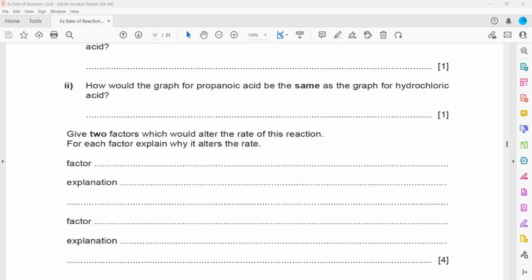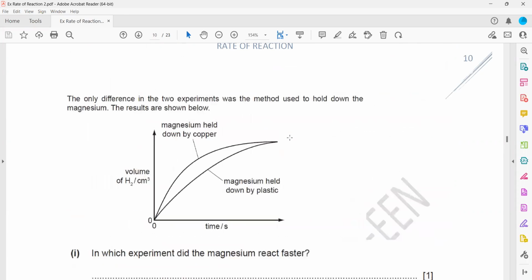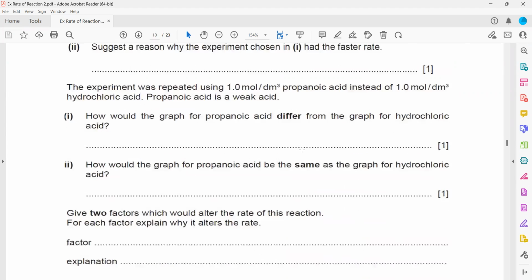So this was page 10. Next we have page 11, question 8. You can mention catalyst for any reaction, that's fine. It's not only for gas. But because this rate is already affected by the catalyst, if you write a catalyst as an answer, it's not acceptable as it's already there.